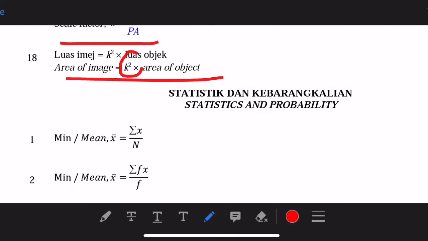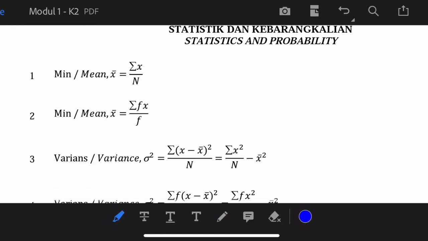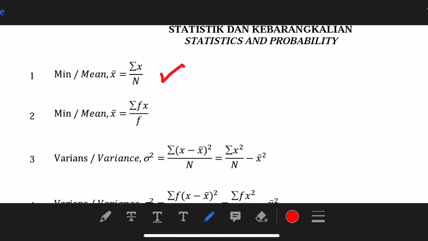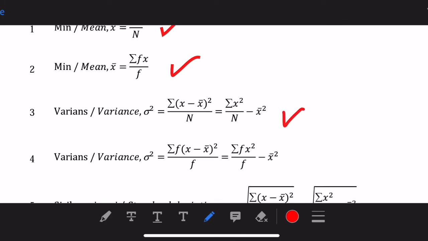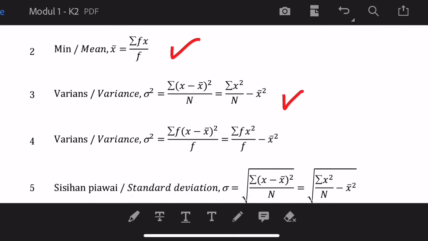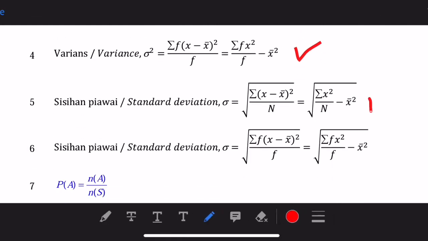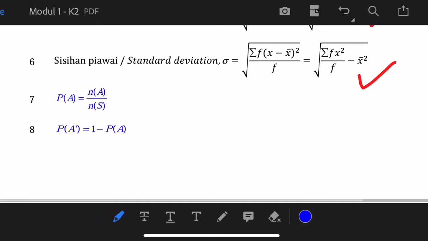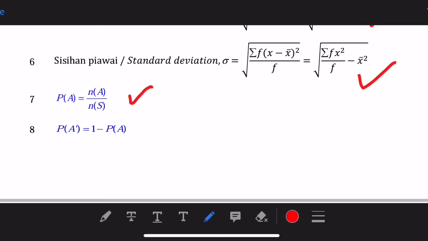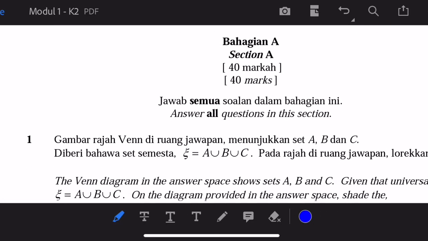Remember, there is a k squared. And for statistics, you will be given mean for ungrouped data and grouped data. Of course, variance, and also variance for grouped data with the frequency, and we have the standard deviation. Okay, and standard deviation with the grouped data, and also probability and complement case for probability.